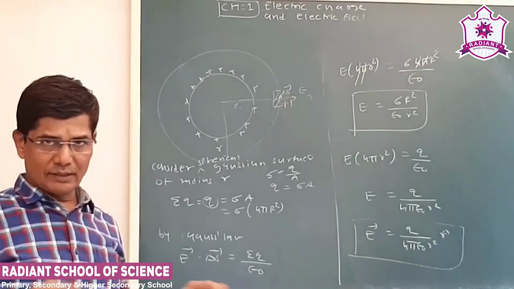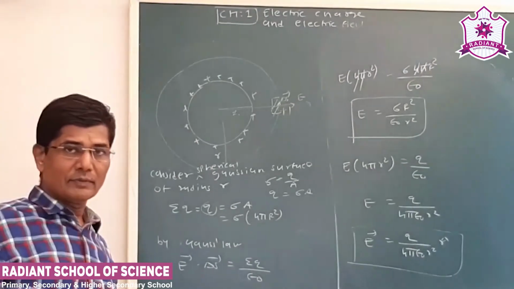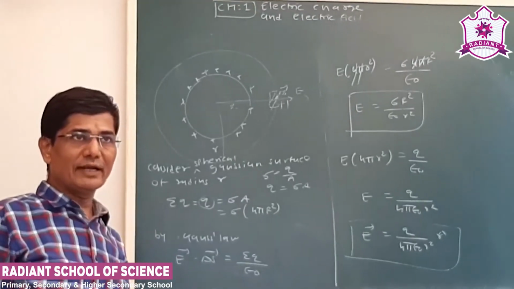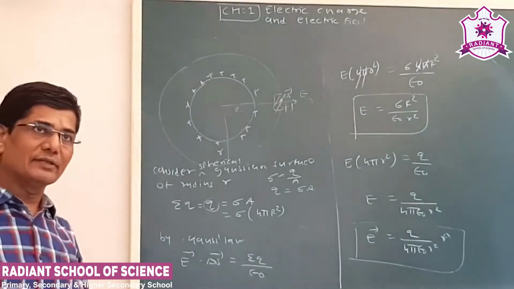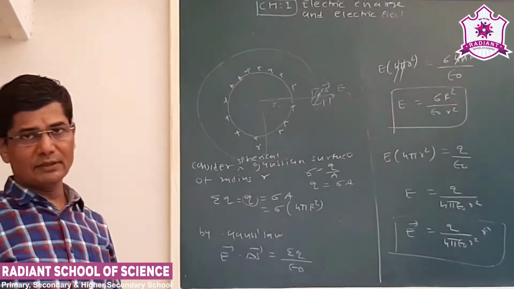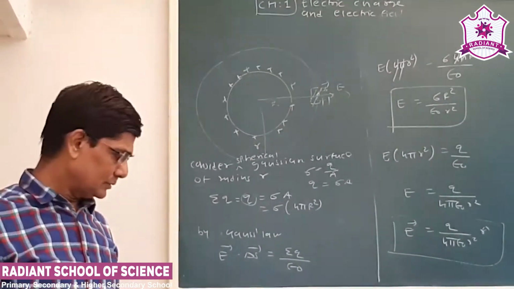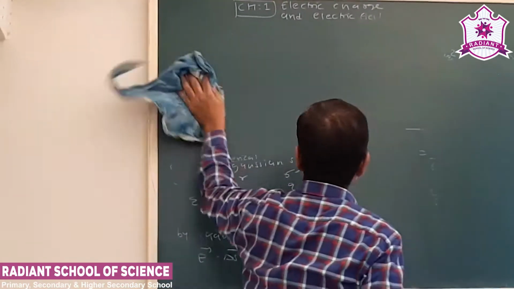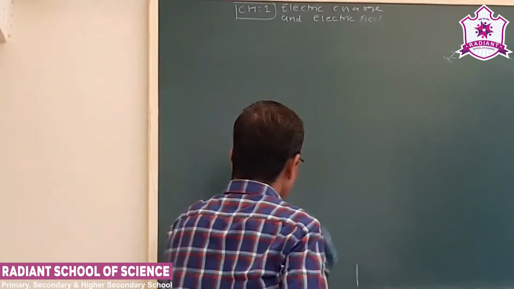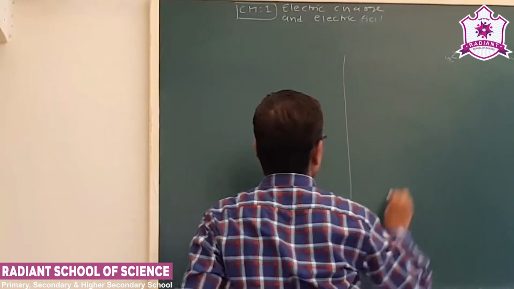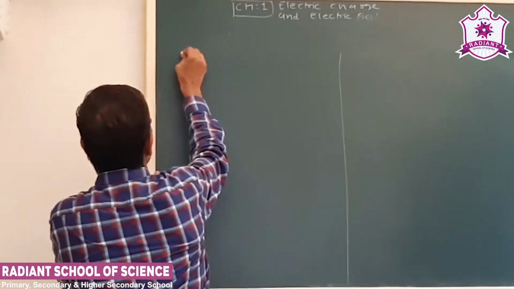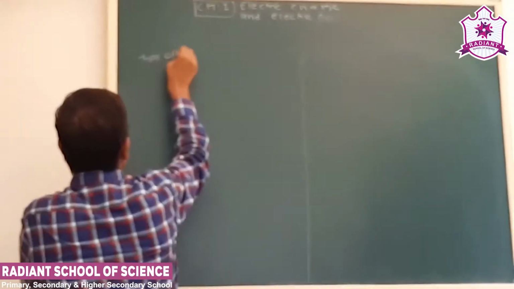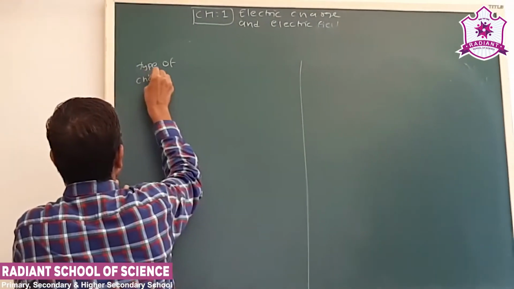Now let us revise all the equations we derived, and we will draw graphs also that will be useful to us in the MCQ. Now one by one we'll see. Now first we start with the uniformly charged infinitely long wire. This type of charge.